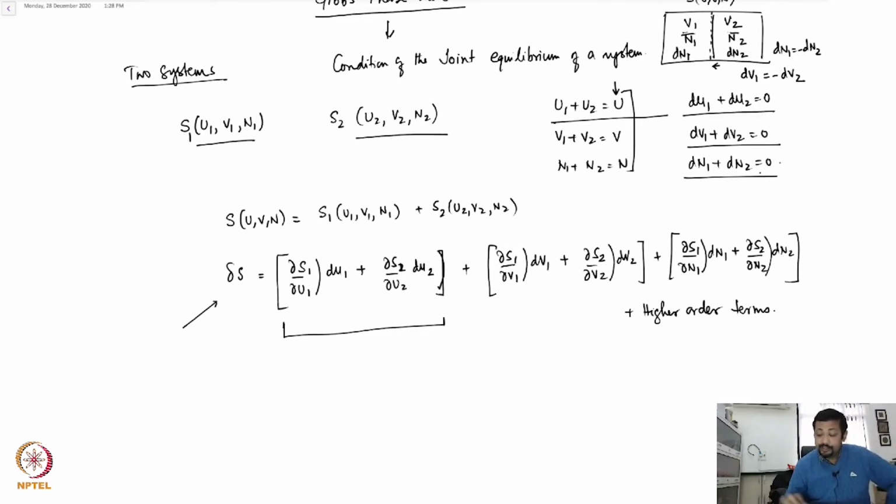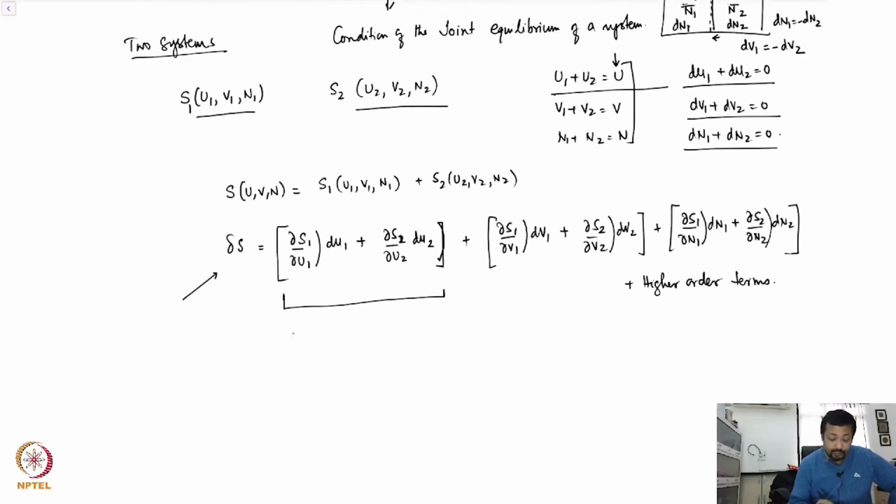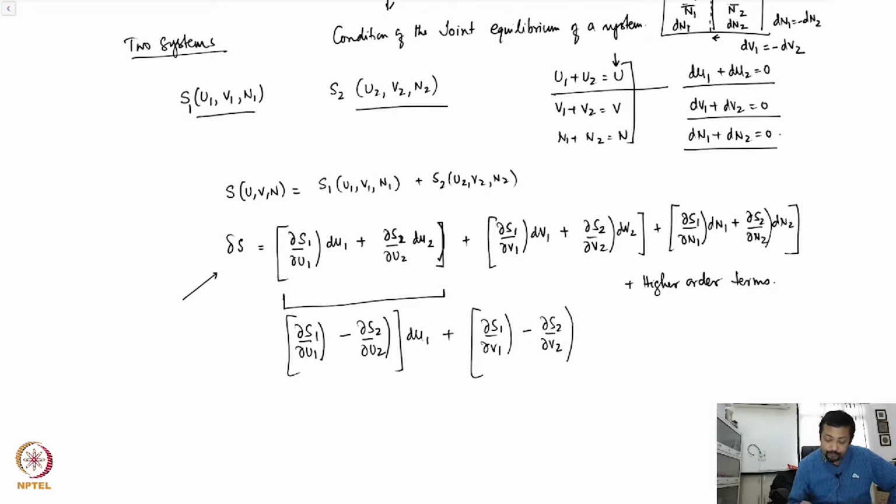So we have these three relations. Let's substitute over here. Then you see that this is del S1 del U1 minus del S2 del U2 times dU1, plus del S1 del V1 minus del S2 del V2 times dV1, plus del S1 del N1 minus del S2 del N2 times dN1.